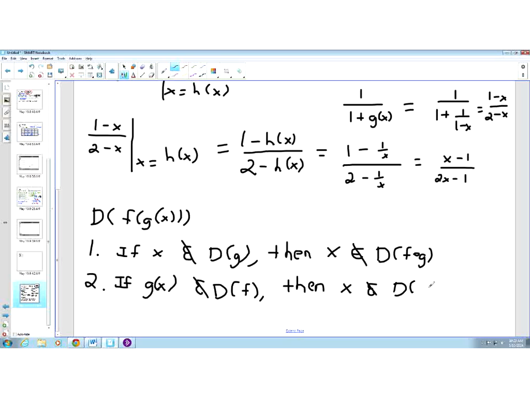All right, so two rules to know when analyzing the domains of compositions of functions.